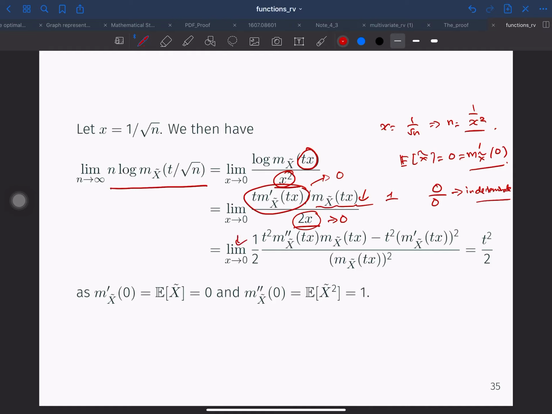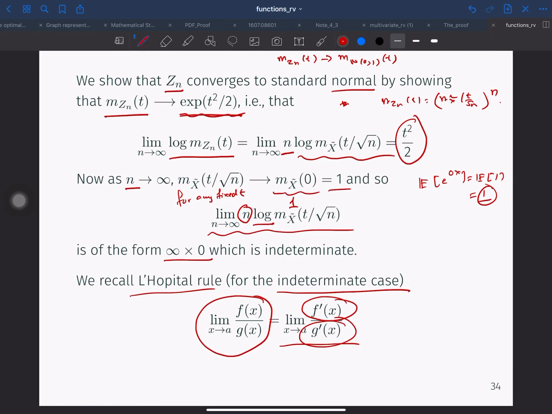The second derivative turns out to be some simple algebraic manipulation given here. And if you take the limit as x goes to 0, you get t squared over 2, which is exactly what we claimed before here, or rather here.